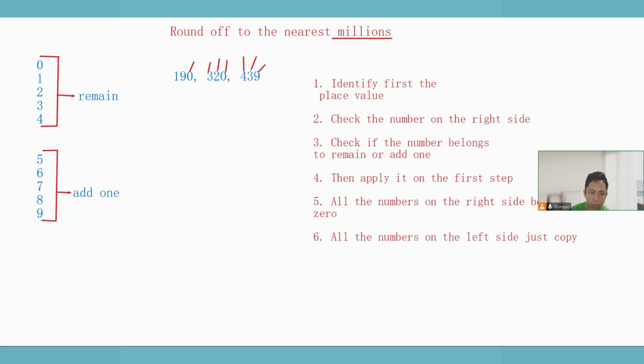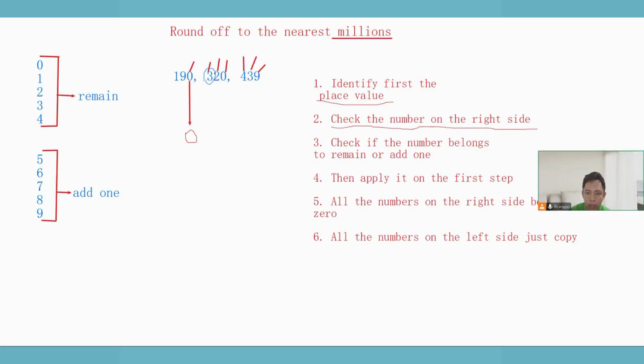So the 0 is the millions value. Let's write it down. We're done with the first step. Then the second step is to check the number on the right side, which is 3.